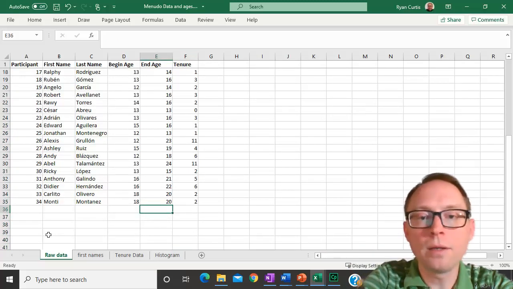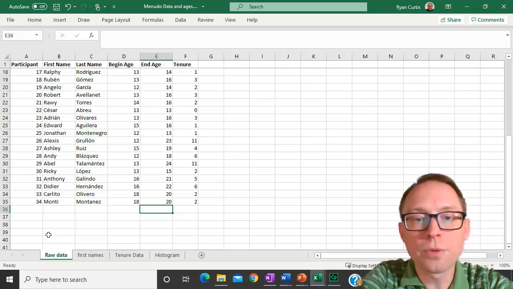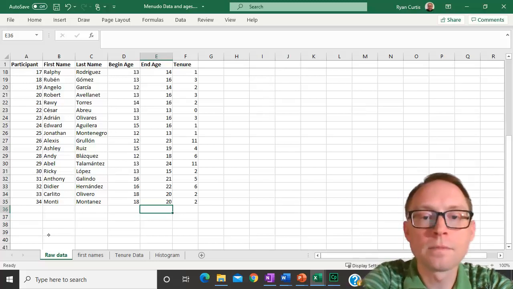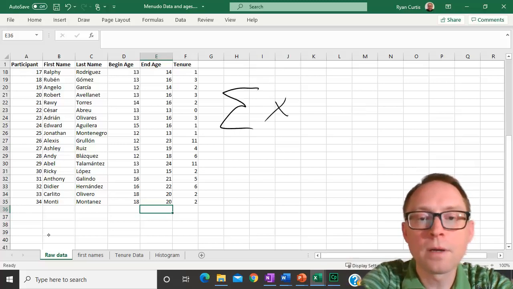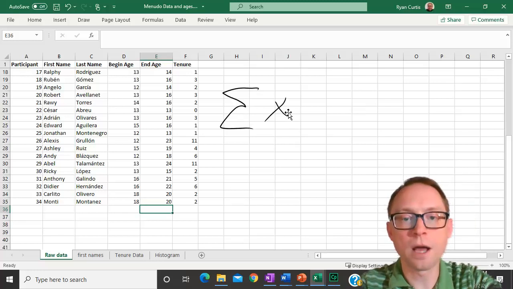Number one, we're going to calculate this together, and then I'll ask you some questions about it. I'm going to just draw this. The first thing we're going to do is the sum. Sum of x. This uppercase sigma, that's the sum of x.